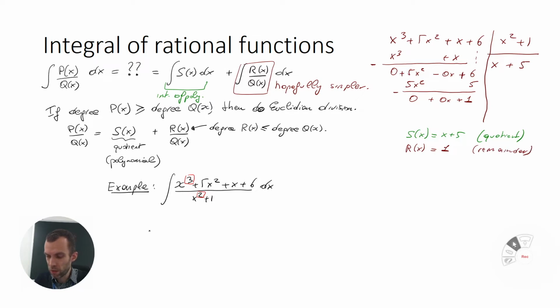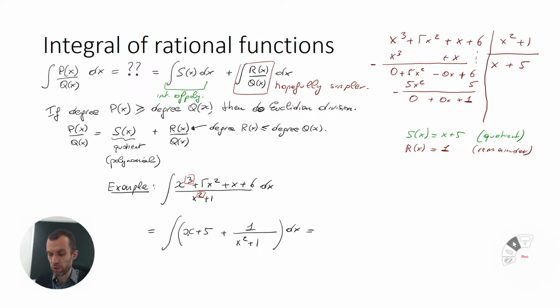So for my integral, now I can write that as the integral over the quotient plus my remainder divided by the thing that I'm dividing by, x squared plus 1, dx.